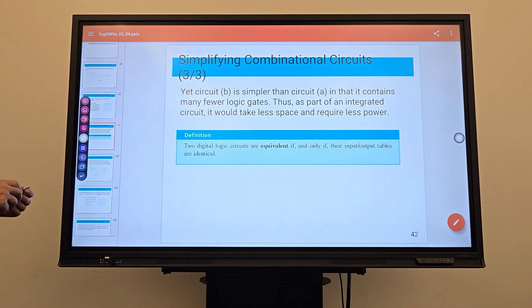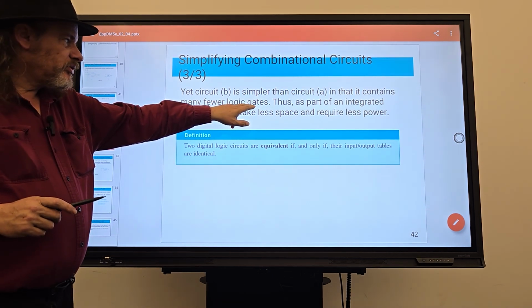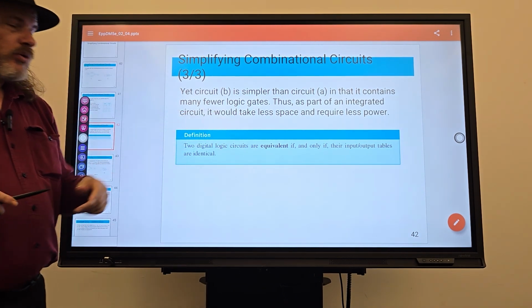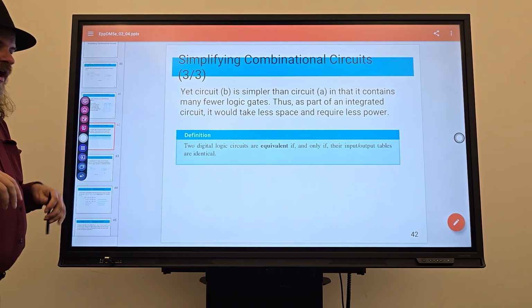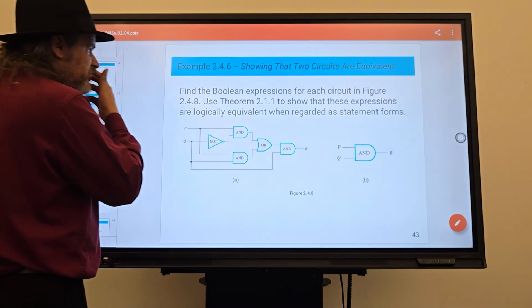So you want to do the simpler version because it would take up less space, require less power, be cheaper and more efficient, and all that fun stuff. So you want to reduce it down to its most basic level.